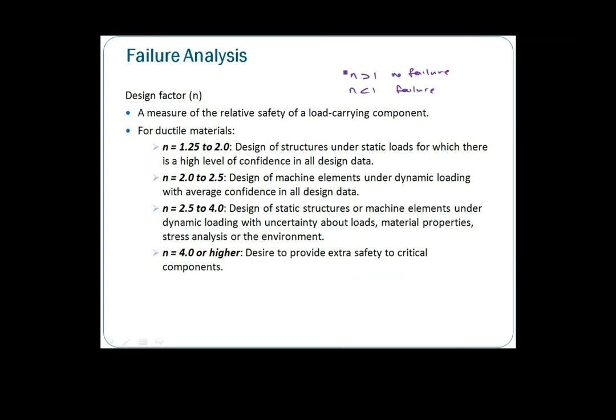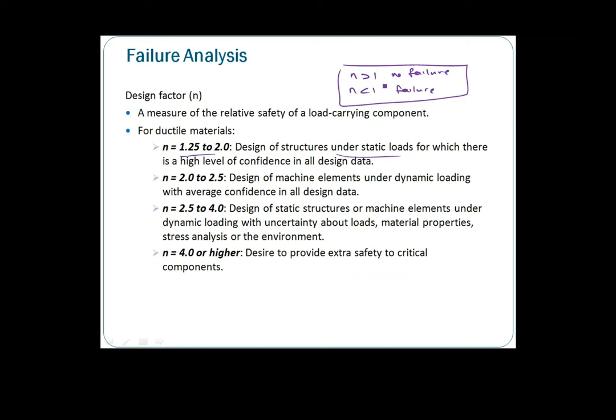If you have a very high level of confidence, in actuality we would still want a higher factor of safety. In this case, for static it is around 1.25 to 2. In general, we know that if it's lesser than 1, failure will happen.